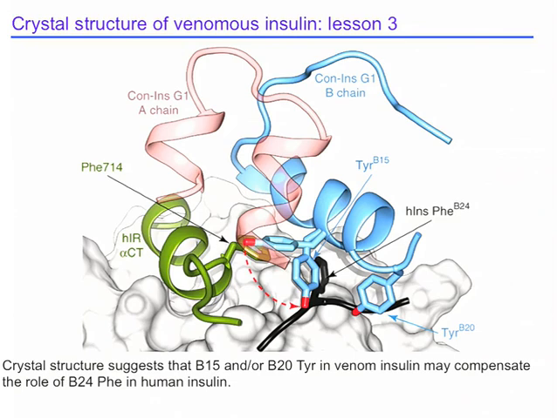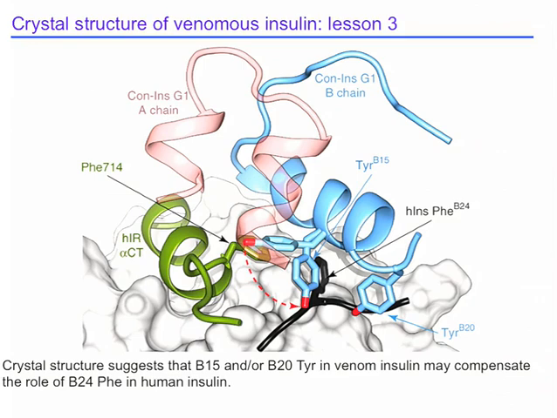We believe that these two tyrosines, due to the proximity, may contribute to the binding pocket of the B24 phenylalanine in the case of human insulin. But they are not perfect in the structure. This B15 tyrosine normally goes this way, so we suggest that maybe there will be a rotation of this residue to fit into the groove upon receptor binding, to fit the pocket.